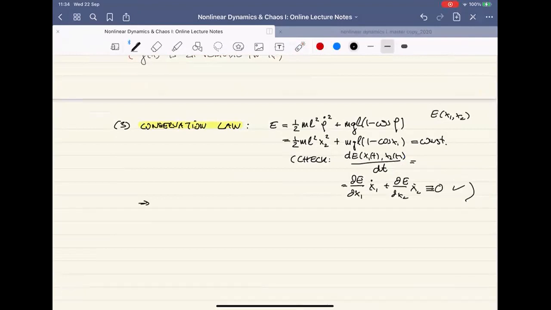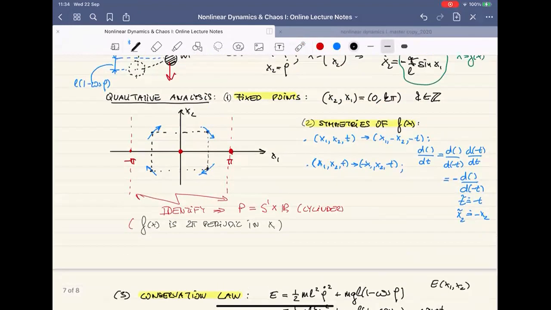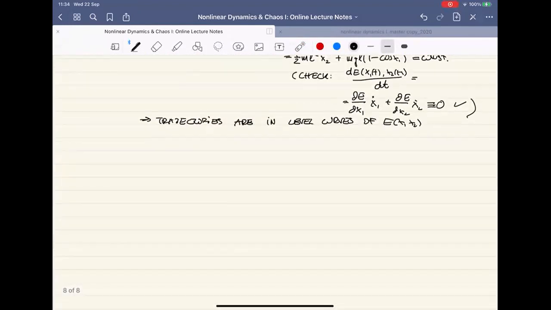So trajectories are contained in the level curves of E(x1, x2). Which level curve is defined by the initial condition?